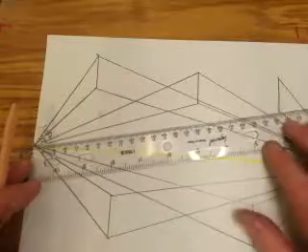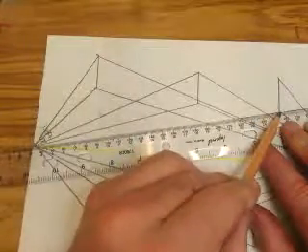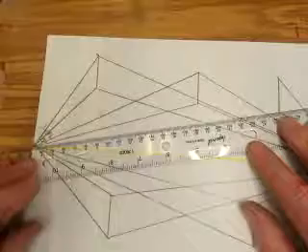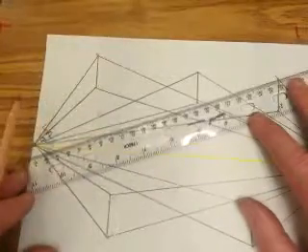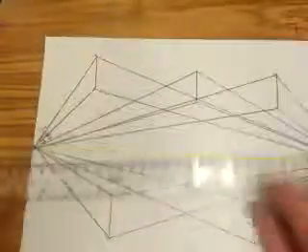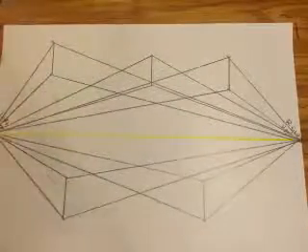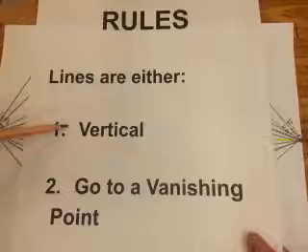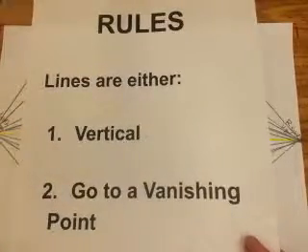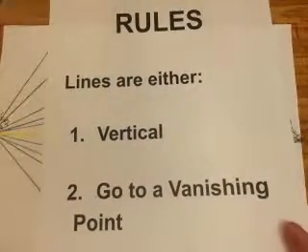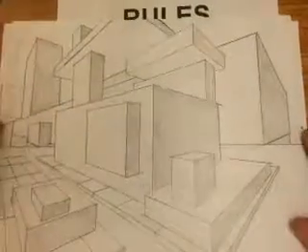So I'm looking at this vertical. I'm putting my ruler on the end of the vertical and going to the left vanishing point. And there we have it. I've completed my drawing, and every line on here is either vertical or is going to a vanishing point. And that is the foundation to creating a drawing like this.